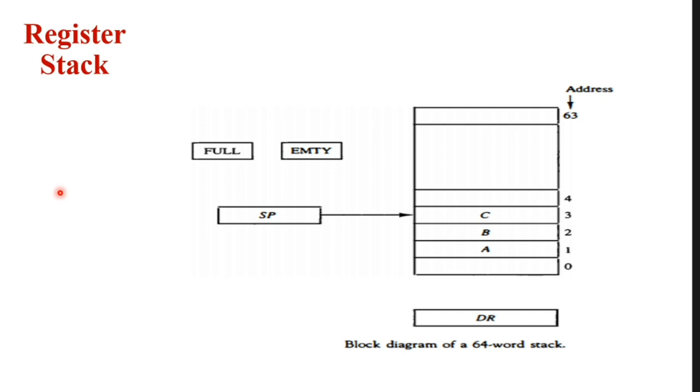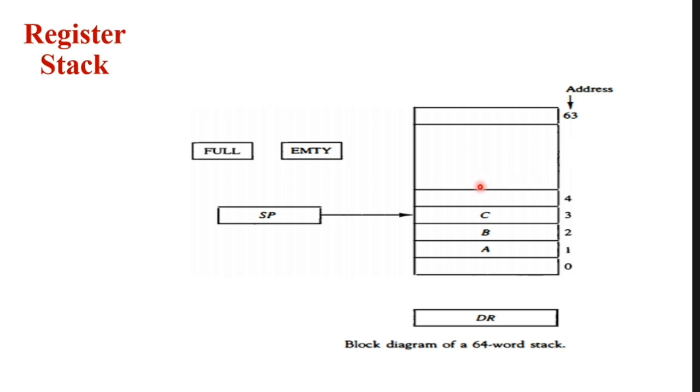This is a 64 word stack memory because 64 different registers are used to form a register stack organization. Starting from 0, 1, 2, 3, up to 63, a total of 64 registers are used. So 0, 1, 2, 3 are the addresses assigned to each register.